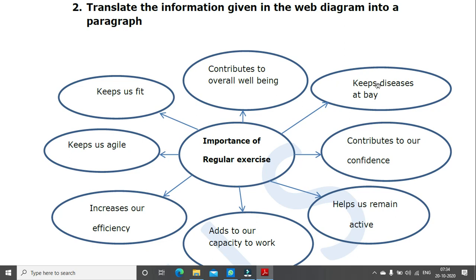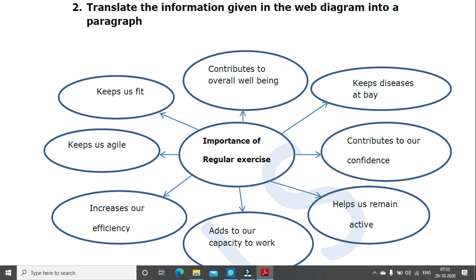So now you can decide, but it is very important once you get this web diagram, decide from where you will start. Now see, contributes to overall well-being, you will not start from here. This will come last, after you mention all the rest of it. So you should use a little bit of your common sense and thinking capacity to judge which of these points you will write first.